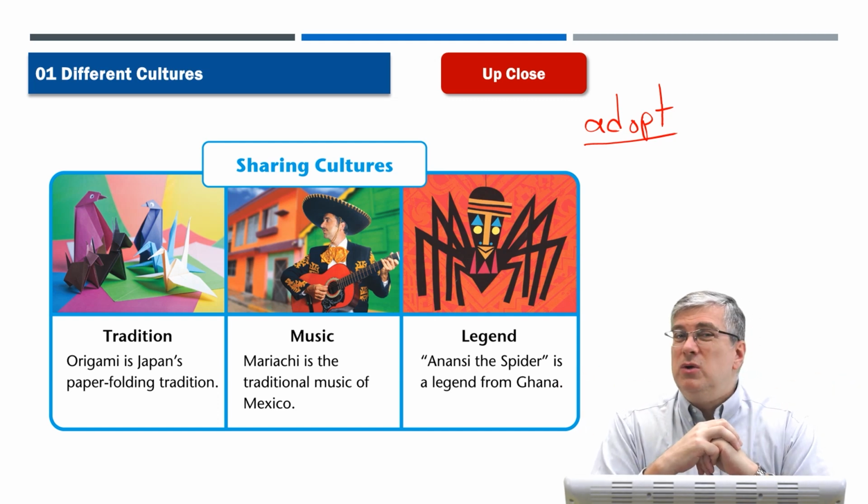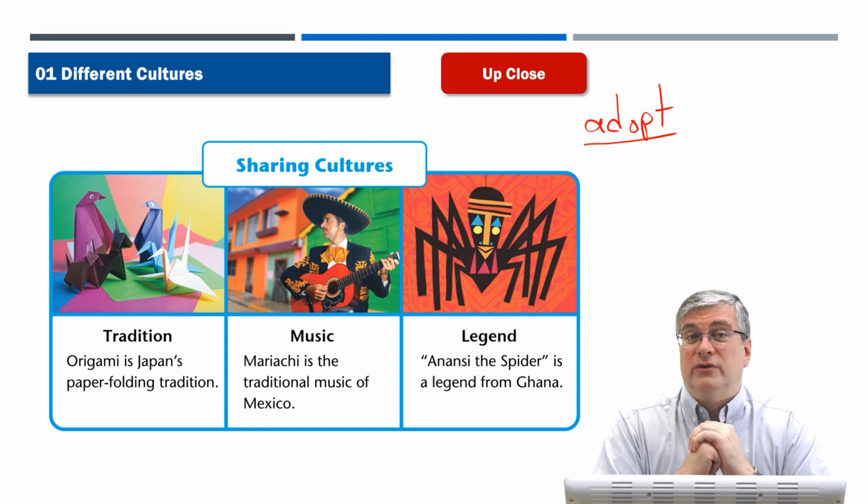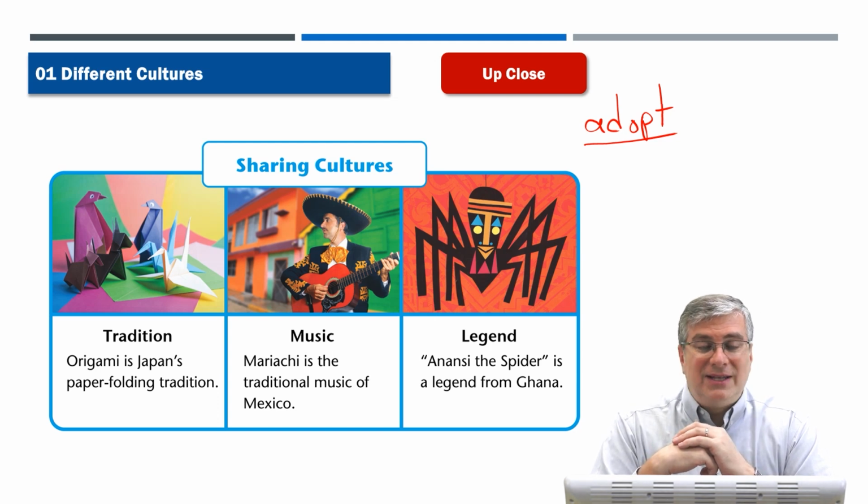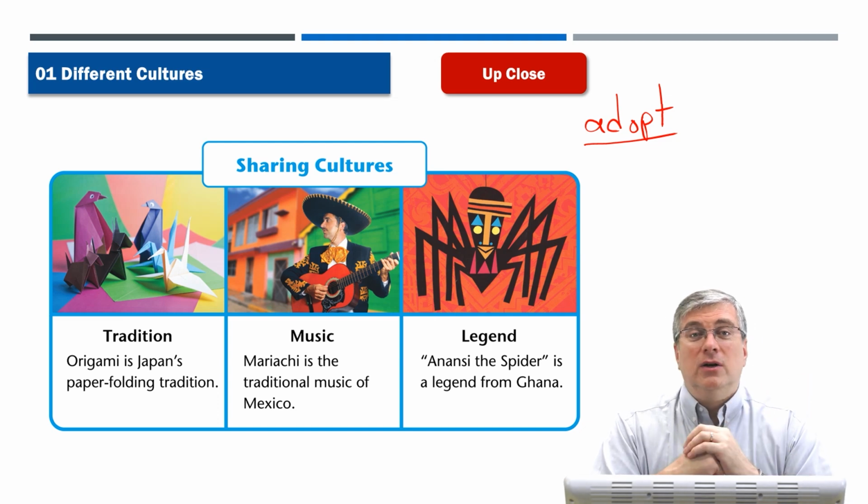Next, we have music. Music is a very important part of culture as well, besides stories and food and clothing. In Mexico, mariachi, I hope I pronounced that right, mariachi is the traditional music of Mexico. And you can hear mariachi singers or mariachi bands.